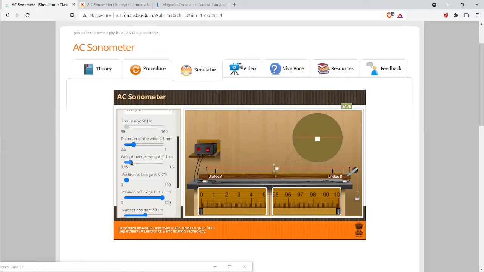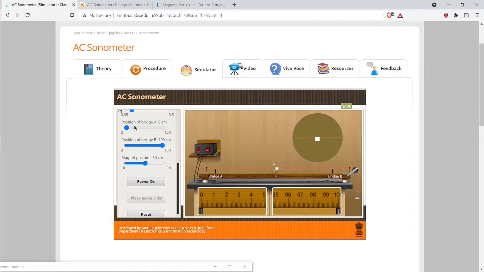Just wait, it is 0.05. 0.05 is okay, fine. We can start from the initial value. Now the position of the bridge A, we are keeping it at, for example, 48. Now the magnet is in between, at 50.